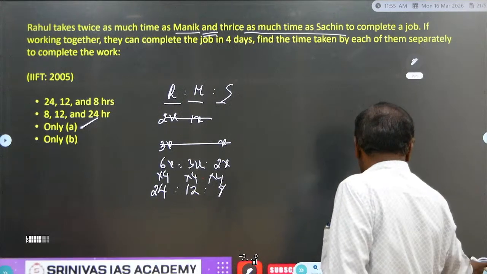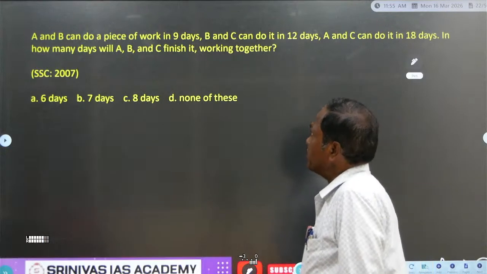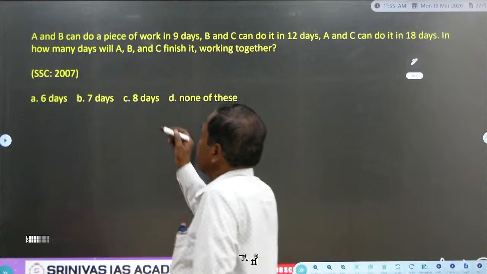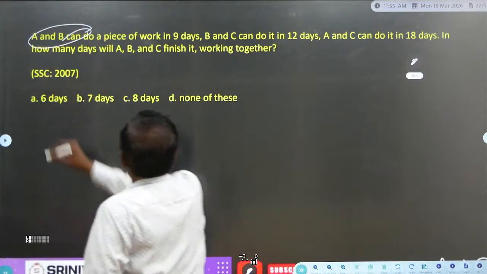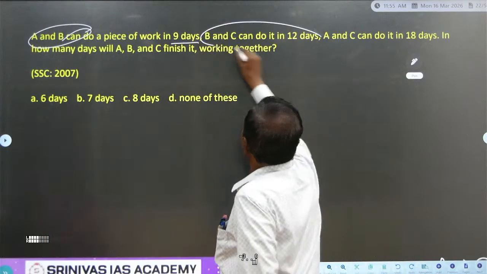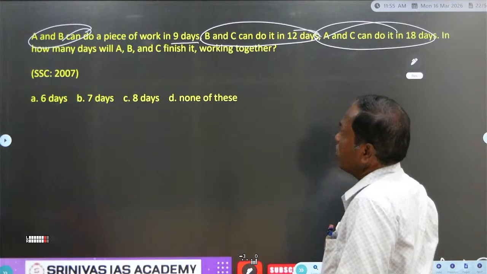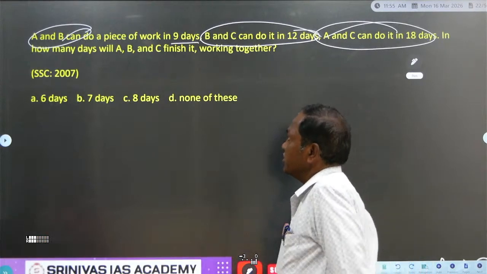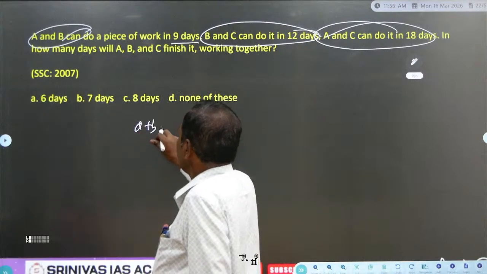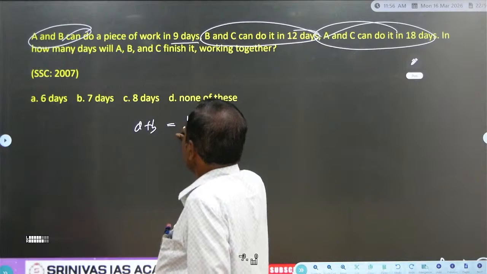Now, A and B can do a piece of work in 9 days, B and C can do it in 12 days, and A and C can do it in 18 days. How many days will A, B and C take to finish it? So you can take A plus B, which is 9 days, so in 1 day it is 1 by 9.